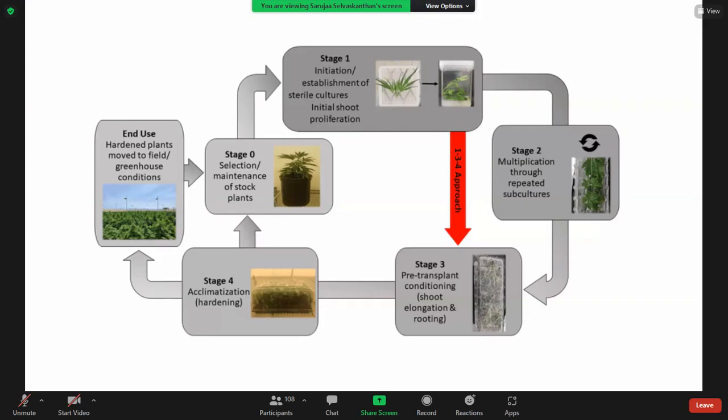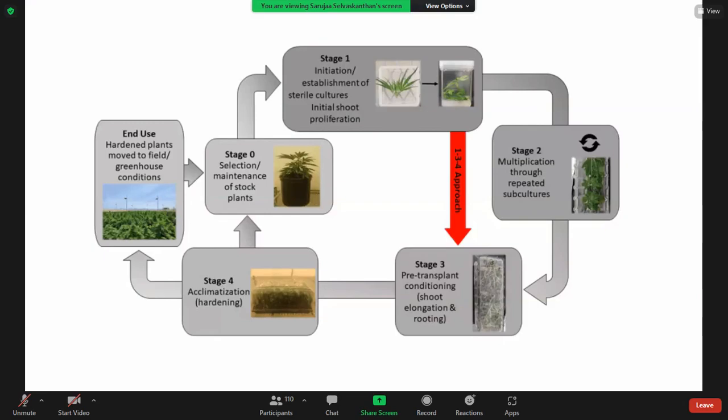The roots start to initiate. Rooting is actually a very hard step. It's not easy to get roots from in vitro shoots until we correctly formulate the media.